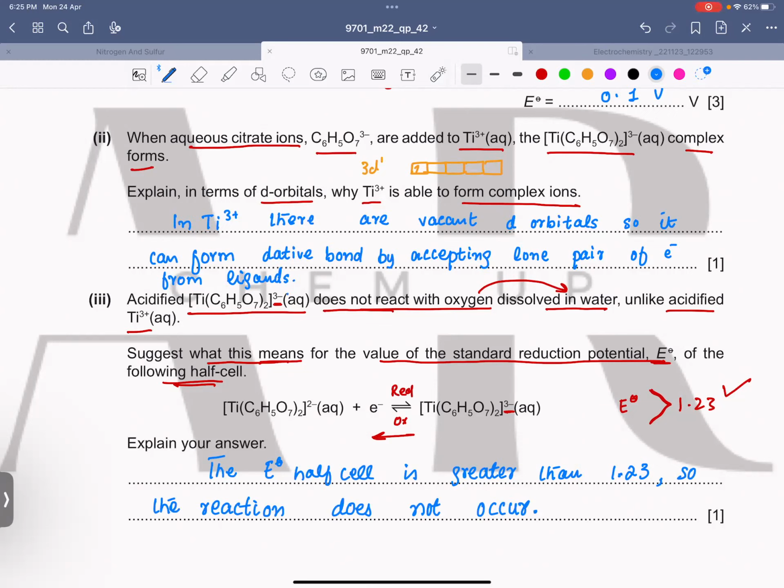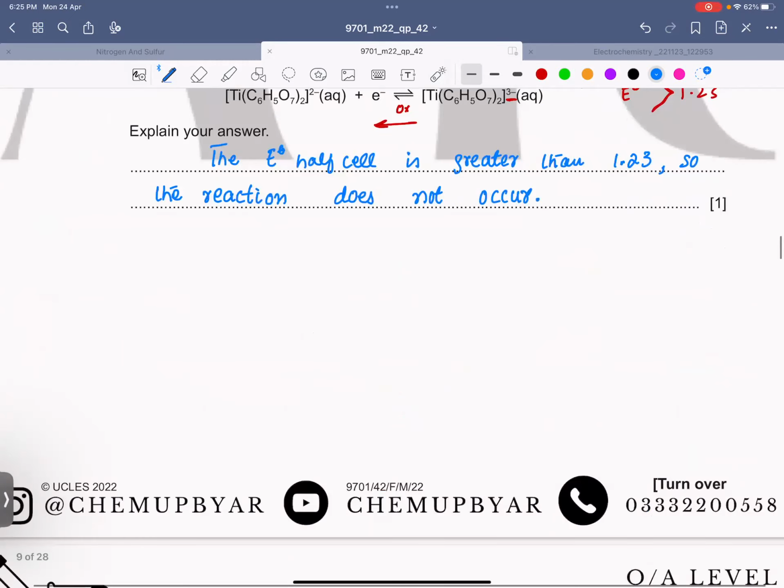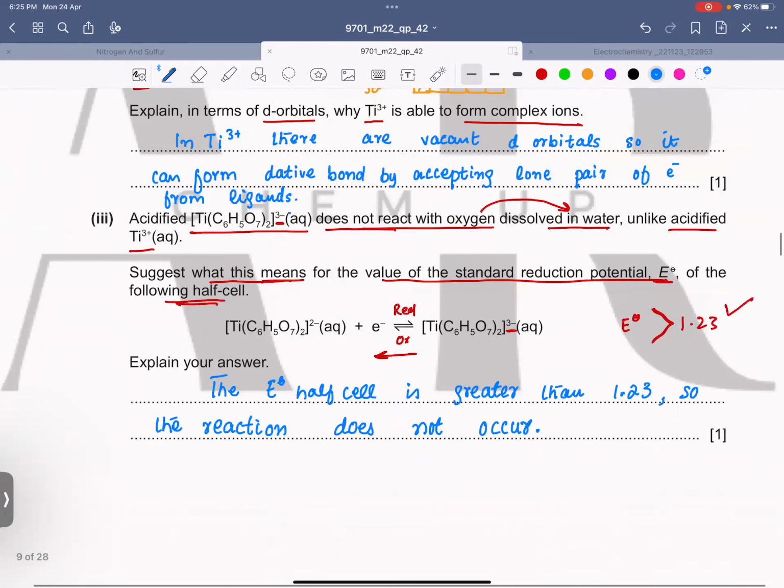Is this clear? Yes, sir. I think you must write it this way.